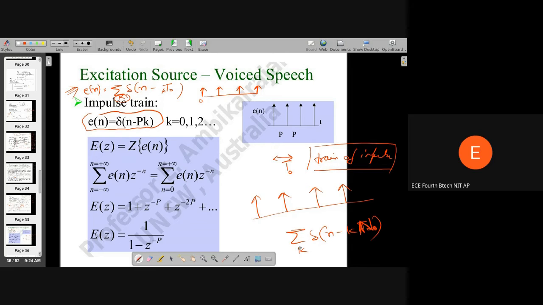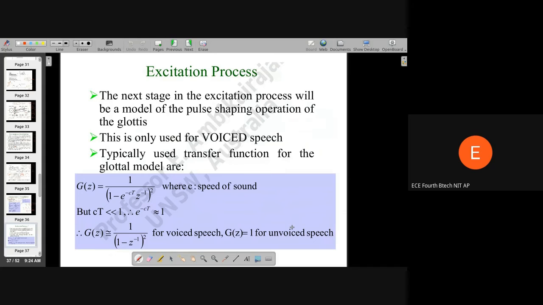Now we will have to use a glottal pulse model which will give you some shape like this. It turns out that if you see all of your windows, we have talked about those windows, it looks like a window kind of.